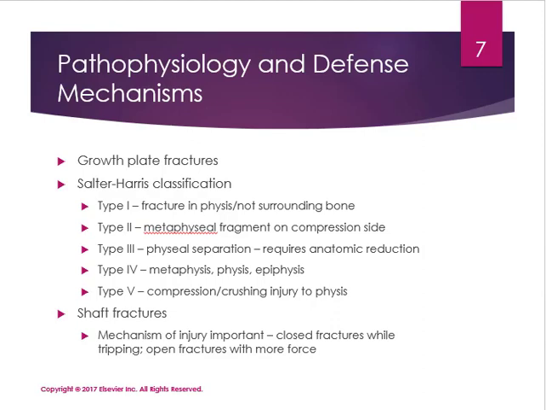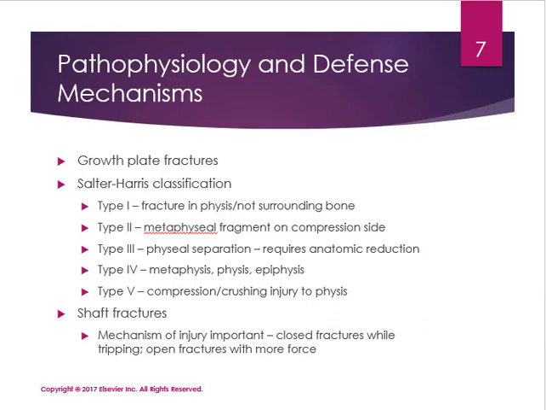Type 2 is a metaphyseal fragment on the compression side, and that's where a section of bone has broken off. Type 3 is physeal separation, and this is going to require an anatomic reduction, and this may be required through an open approach. Type 4 involves the metaphysis, physis, and epiphysis, and in essence, from a visual perspective, it is a type 2 and a type 3 fracture combined.